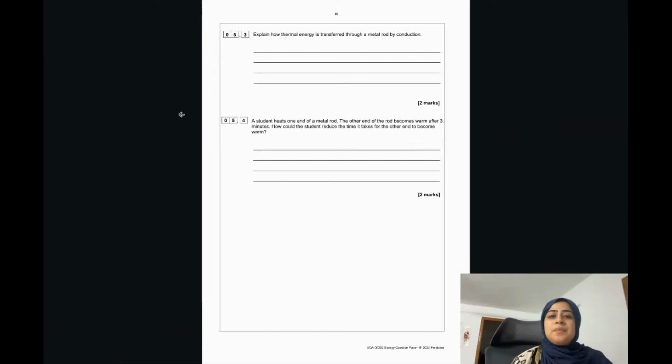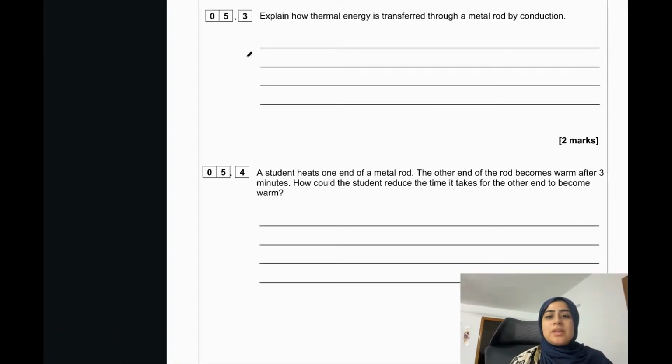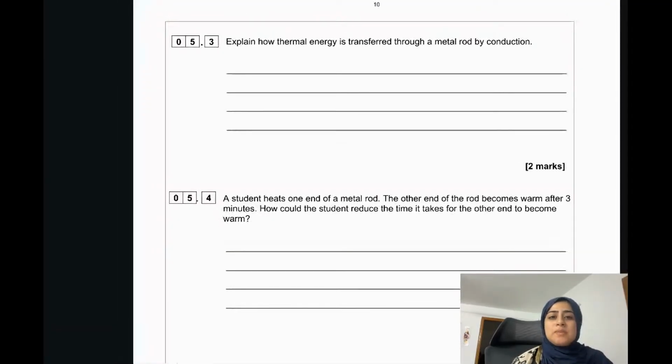Okay, awesome. Next question. Explain how thermal energy is transferred through a metal rod by conduction. So conduction is where particles... These are key words for conduction and convection.